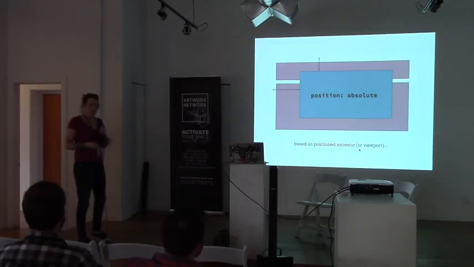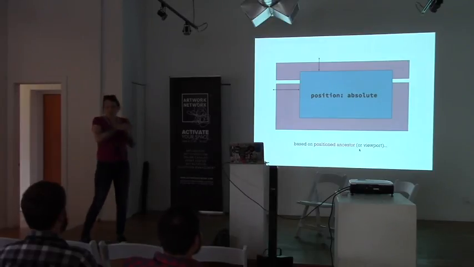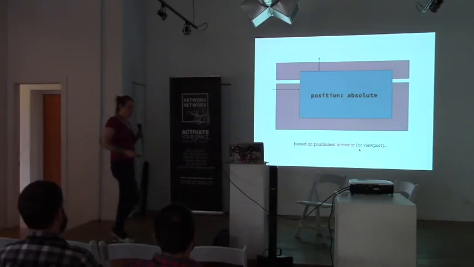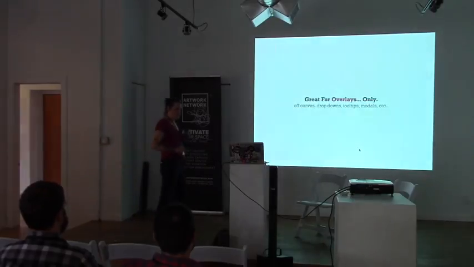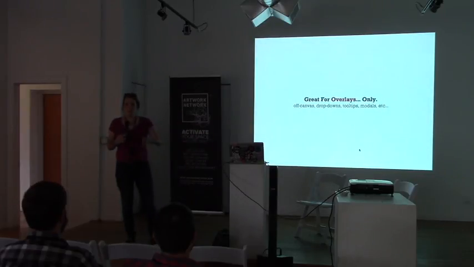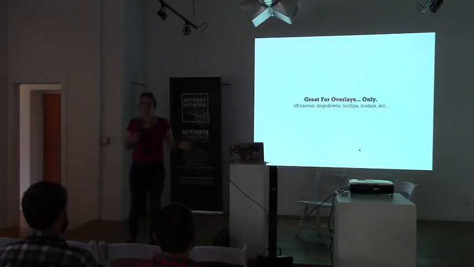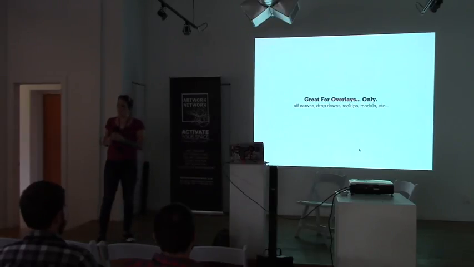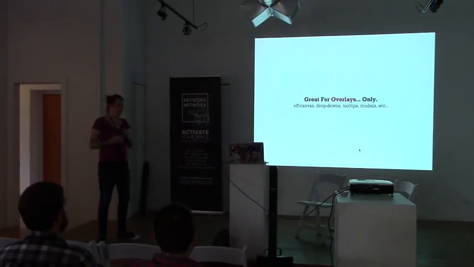We have to be explicit about everything. And fixed position is similar but relative to the viewport instead of to an ancestor. Those are great for overlays, drop downs, anything that isn't in the flow, that we don't want to be part of a layout, something that is over top of the layout.